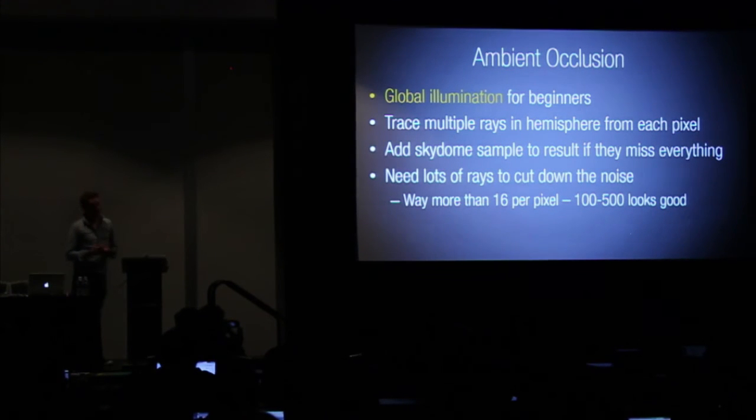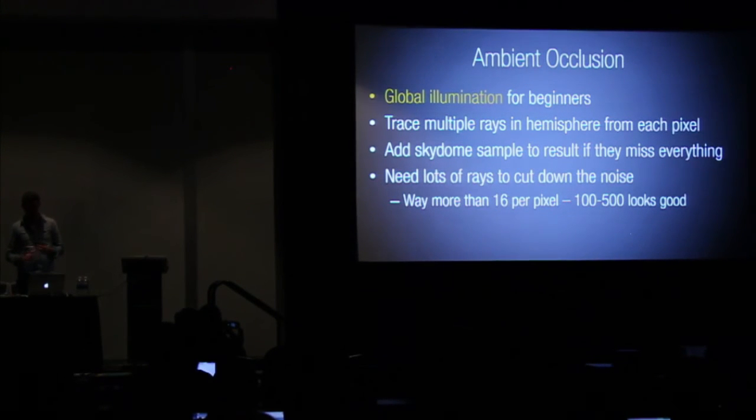So you get an idea of how much the sky was visible from each point. You need a reasonable number of rays to do this because otherwise you get noise, and 16 per pixel doesn't really cut it. So 100 to 500 rays per pixel is where you start looking good.